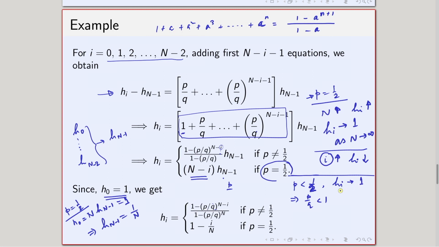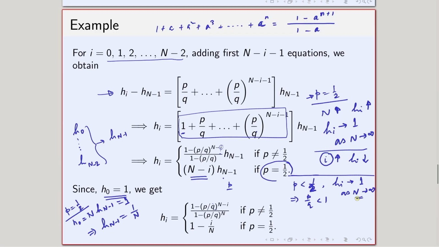So when the winning probability is less than the losing probability, the probability of going broke goes to 1 as n goes to infinity. Again, the same conclusion: if I am very greedy, it is almost sure that I will go broke. I should not be very greedy.